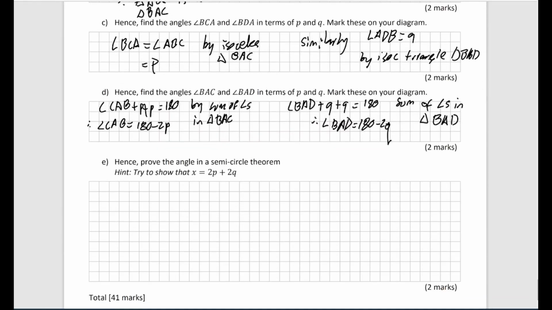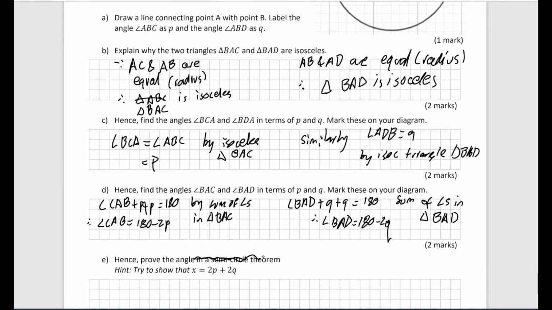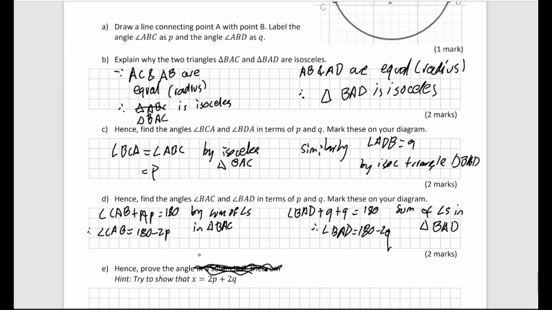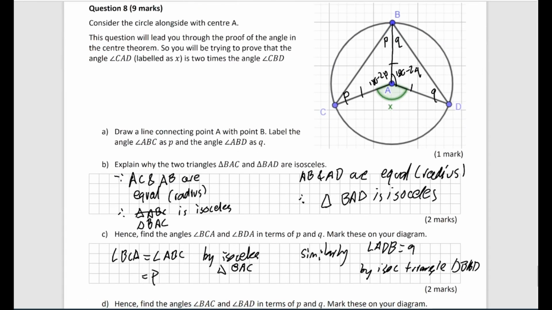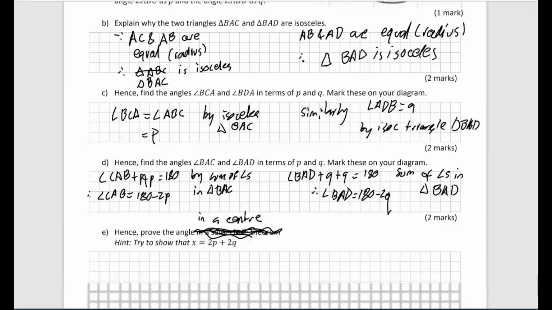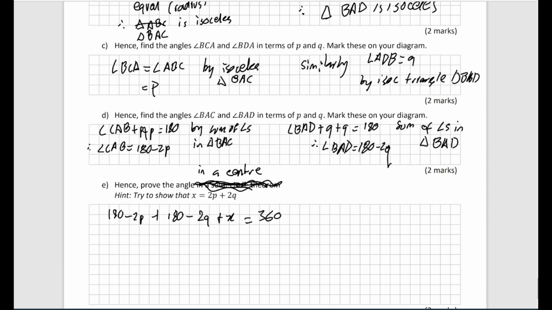All right, hence prove the, I've given the wrong theorem now. Anyway, it's going to be hence prove the angle in the center theorem. Try to show that x equals 2p plus 2q. So basically what you want to do is angles around a point. So you're going to say 180 take 2p plus 180 take 2q plus x should all equal 360 by angles around a point.